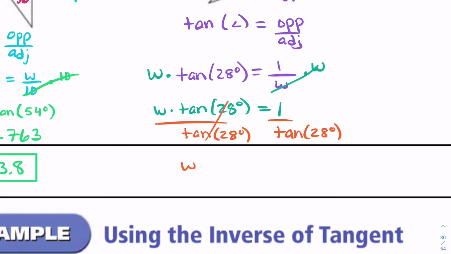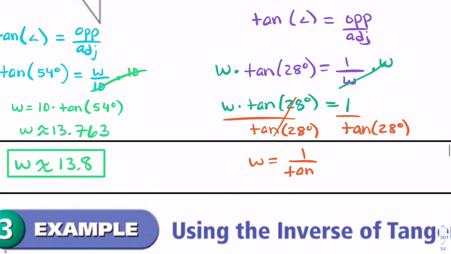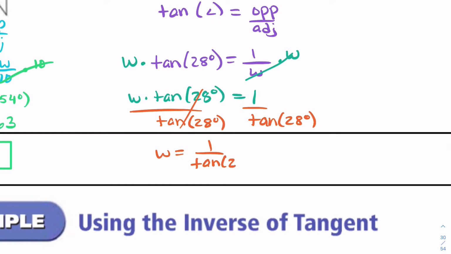And you get W equals 1 over the tangent of 28. Just like I said, you can just flip them, and then you're good. Or you can find your cross products. You can do W times tangent 28, 1 times 1. This is an assumed 1 on the diagonal. So you get W tangent of 28 equals 1, regardless.